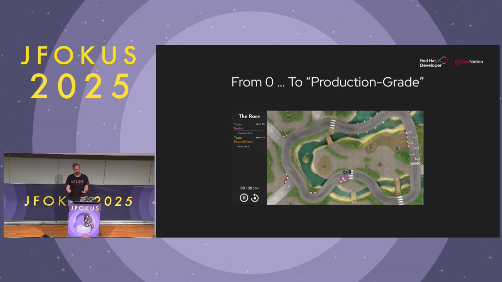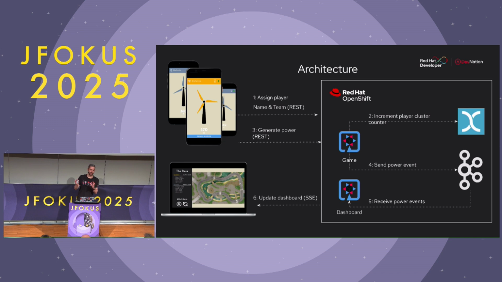But we'll try to break it down by creating this application and then building the necessary components to get this to production. So the architecture of this game is basically when you shake your phone or tap your phone, based on the different versions, it sends REST requests to a Quarkus application. It sends those requests onto a Kafka topic, and then in our dashboard, we get those events, and then we move the cars along accordingly.